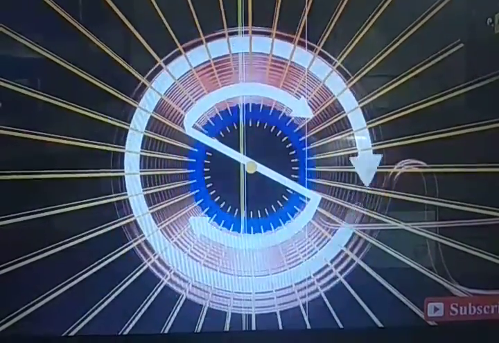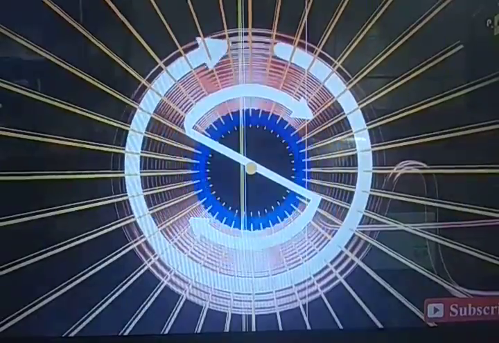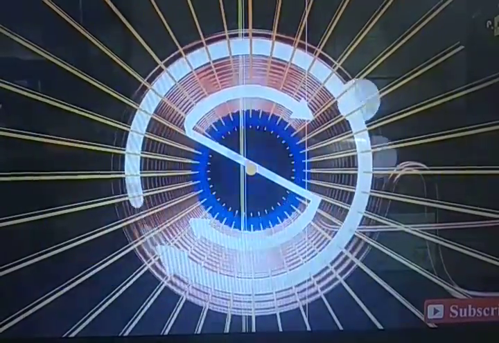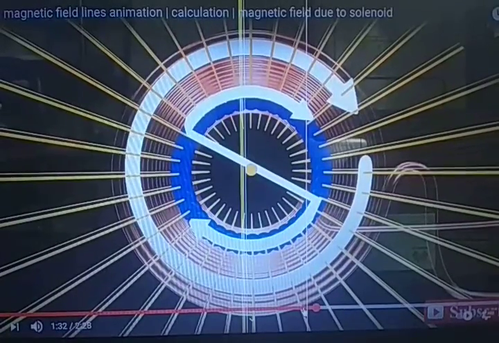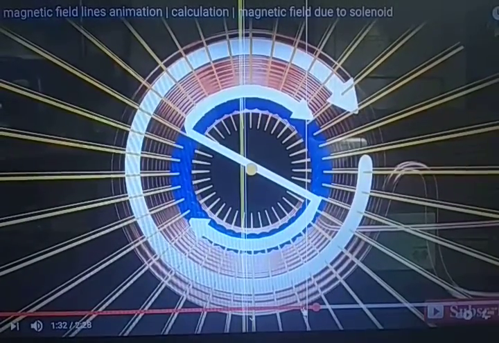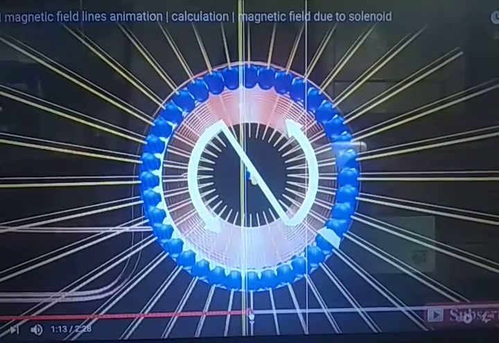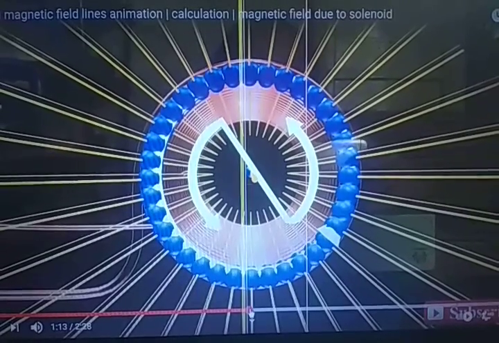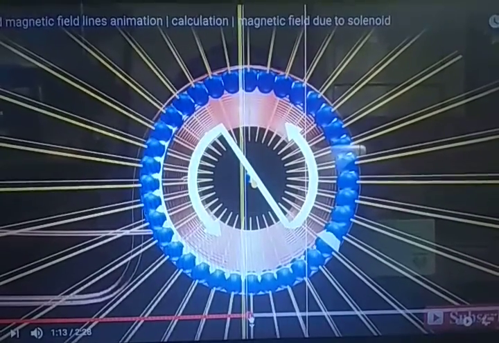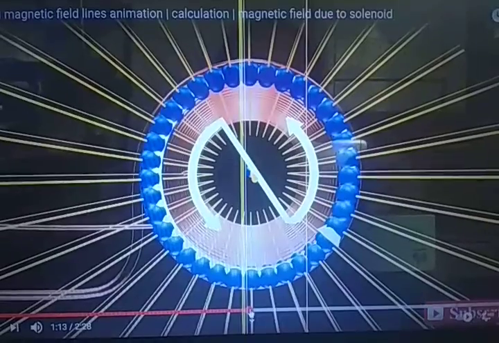It can be remembered with the help of the symbol like a capital S, and the north pole can be remembered like a capital N. Based on how the current is flowing, we can determine whether it's a north pole or a south pole.